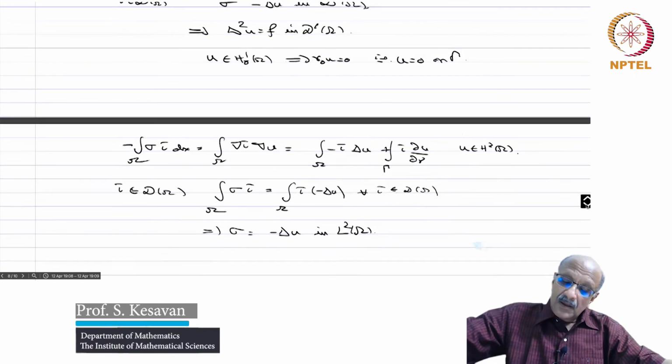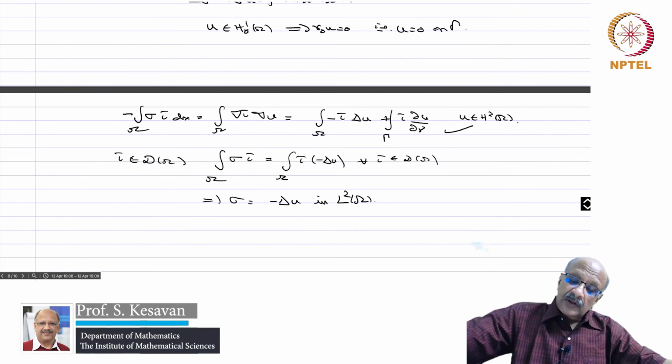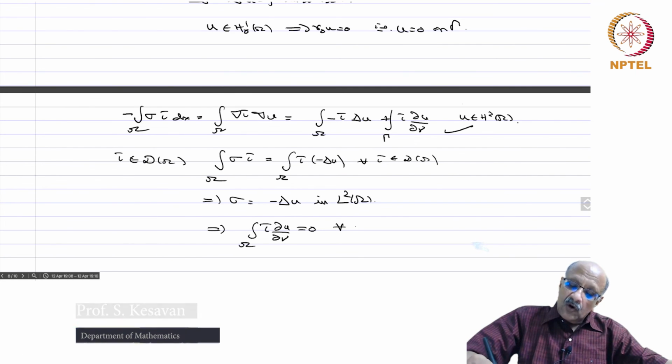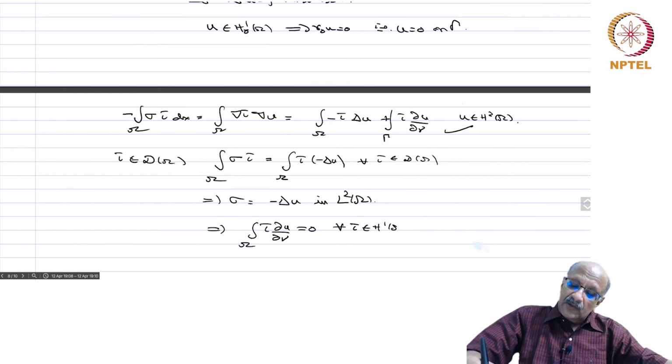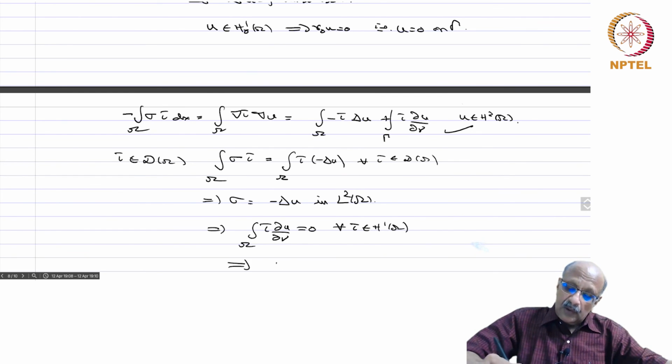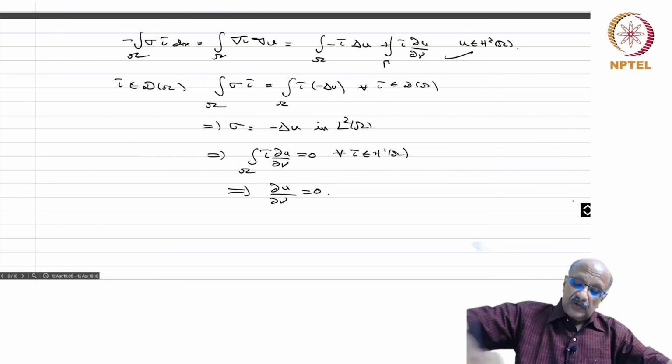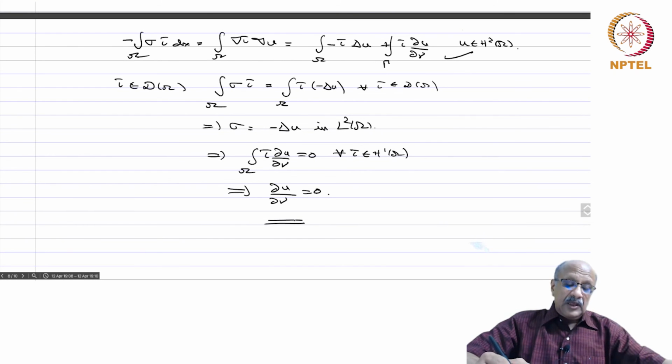And then going back to this equation here, this will imply that integral tau du by d nu equal to 0 for all tau in H1 of omega, and we have already seen this in the Neumann problem. This implies that du by d nu equal to 0, and therefore u satisfies both the boundary conditions and satisfies the differential equation in the distribution sense. So we can recover the original problem from this weak formulation.